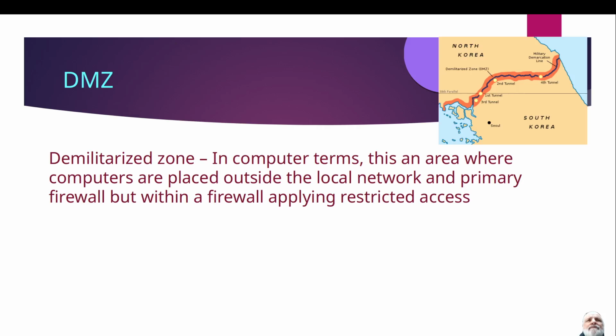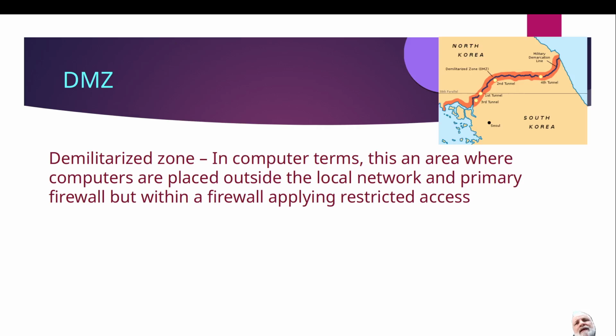A lot of times in a company, we'll set up something referred to as a DMZ, or demilitarized zone. The idea is that if you're setting up your own web server, you need people to be able to access those aspects of the web server that you want them to.